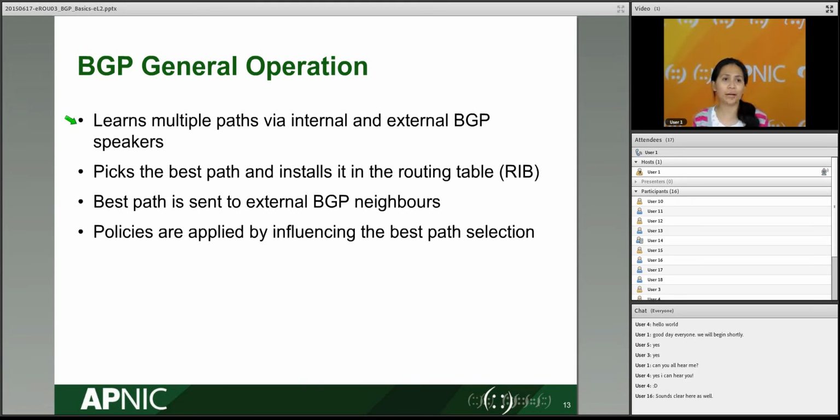Let's discuss the operations of BGP. Going through some definitions earlier and understanding the path vector routing protocol, you should already have a good understanding of how BGP works. BGP's operation relies a lot on learning or receiving routes, and also on announcing, or originating, routes.